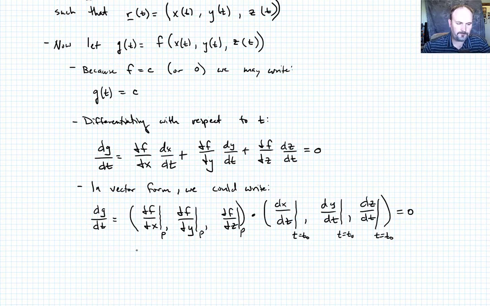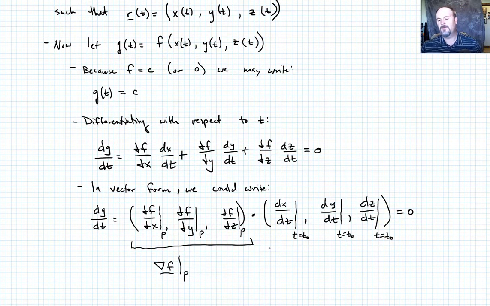Hopefully you see that here. If we dot, the first term would be partial f with respect to x times dx/dt, and so forth. This quantity, what is that? That's the gradient of f evaluated at point P. Well, what is this quantity? This quantity looks like r prime evaluated at t naught.